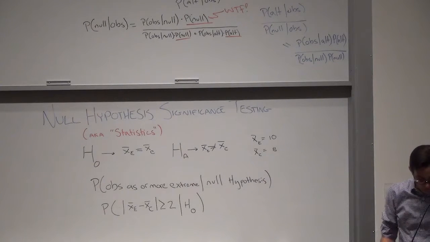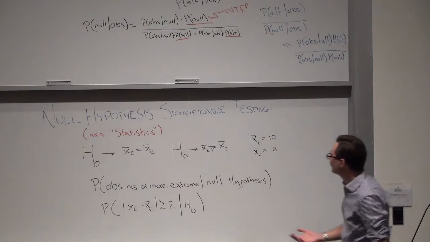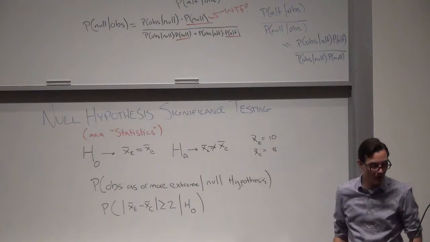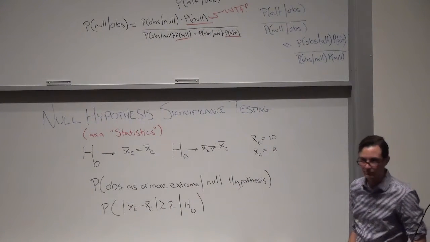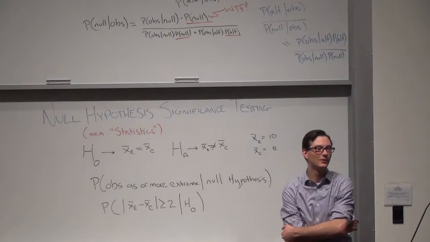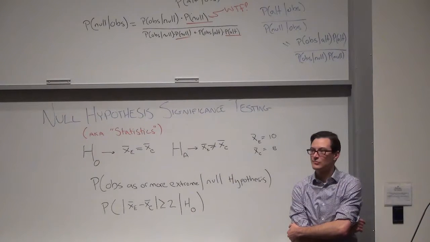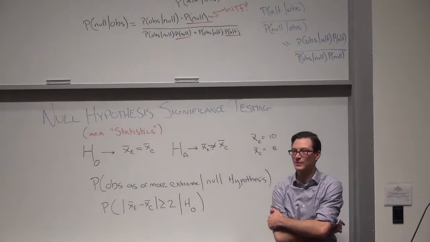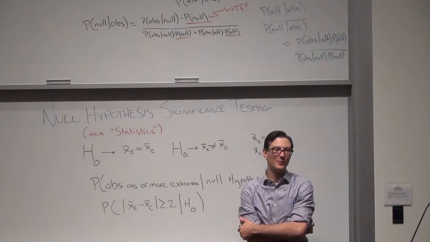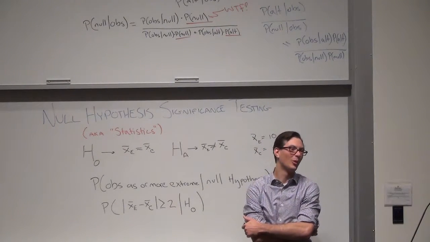All right, so fundamentally, what do we need to know to calculate the probability of an observation given the null hypothesis? What do we need to know to calculate the probability of anything? How did we start to ask questions about how likely 6 exons or more was?